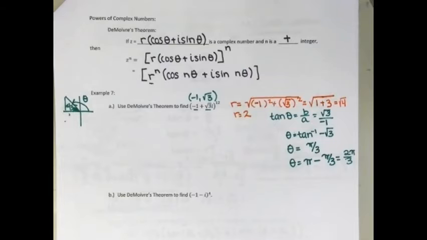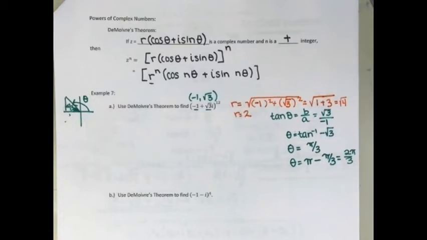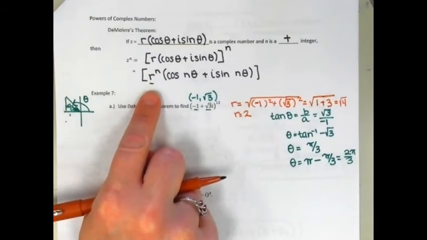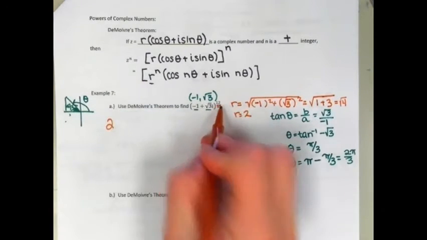All right. Now, once we're here, let's go ahead and now use our formula. Okay, and we're going to use the bottom one because it's the easiest one. So we're going to take r to the nth power. And what's r? 2. And we're going to take 2 and raise it to what is my power? 12.